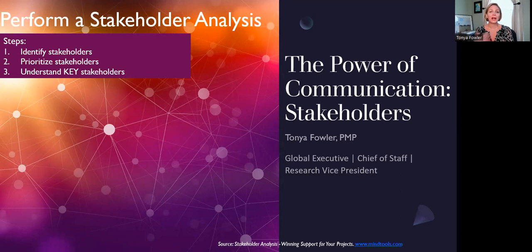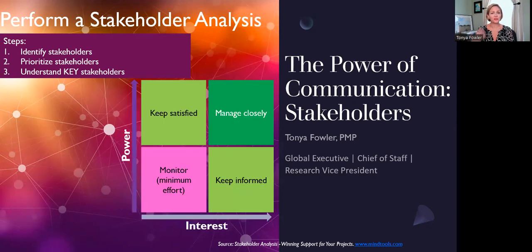Then it's about prioritizing those stakeholders, so knowing who actually is most important in that particular situation. Again, in work, it can be a project. At home, it can be some other scenario. Then lastly, understanding who the key stakeholders are. And most likely the prioritization that you've done is identifying those key stakeholders because they're going to be the ones up at the top.